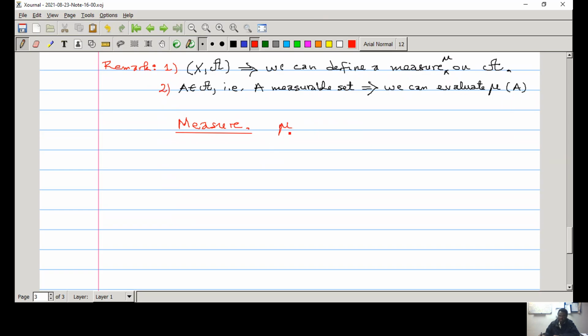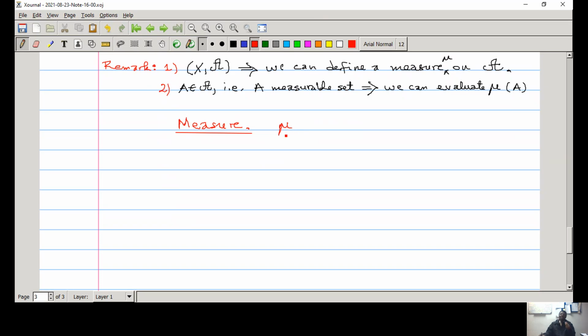It's related to the meaning of measure. Measures start with the letter M, and this is M in Greek. So that's why in measure theory, you always see a mu being used to represent a measure.